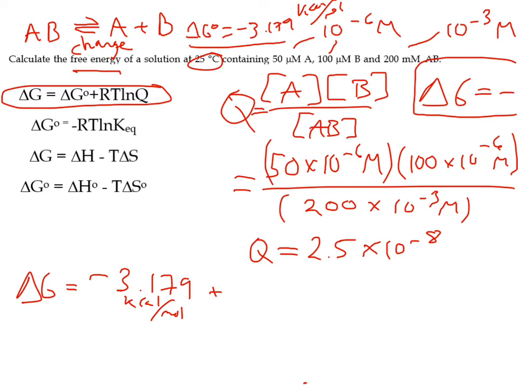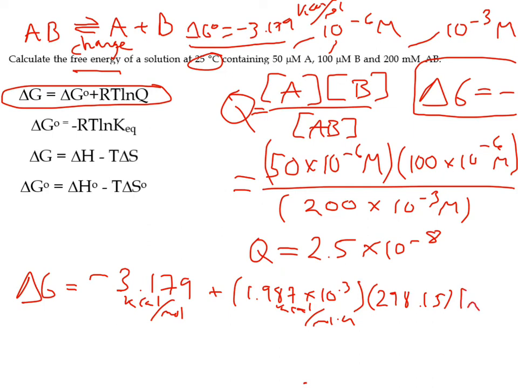Remember our kcal per mole? It was 1.987 times 10 to the negative 3 kcals per mole Kelvin, at 298.15 Kelvin, times the natural log of 2.5 times 10 to the negative 8th.